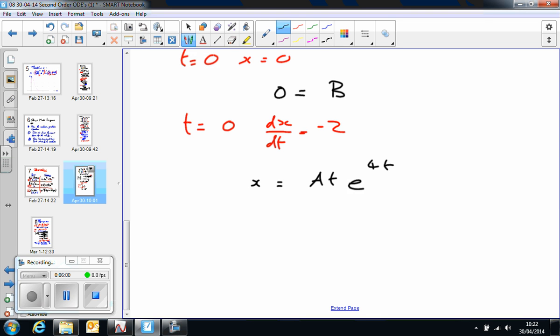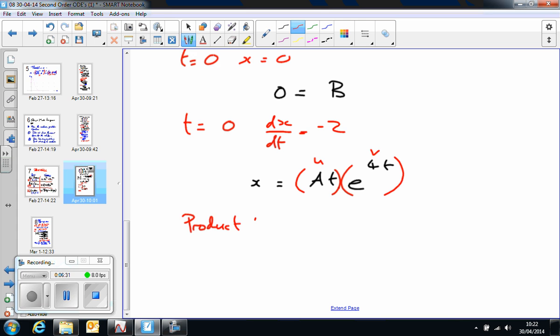Yeah, well, you would think that, wouldn't you? But remember, we've got now two functions involving t. So I've actually got to think of this in terms of calling that bit u and that bit v. I'm using the product rule because t, my variable that I'm differentiating with respect to, appears twice. So now I've got to use the product rule.